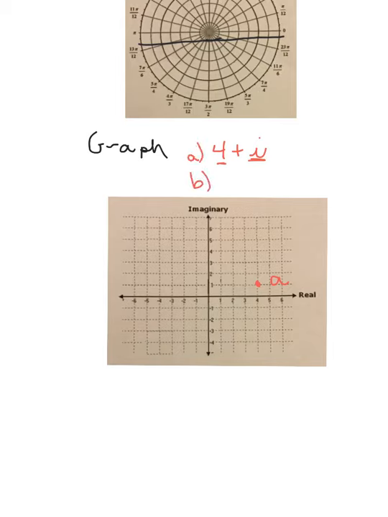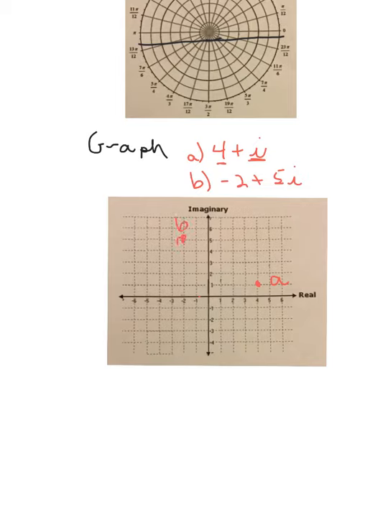If we have point B being -2 plus 5i, the real part is -2. So we are going to go left 2. The imaginary part is 5i. So we're going to go up 5.